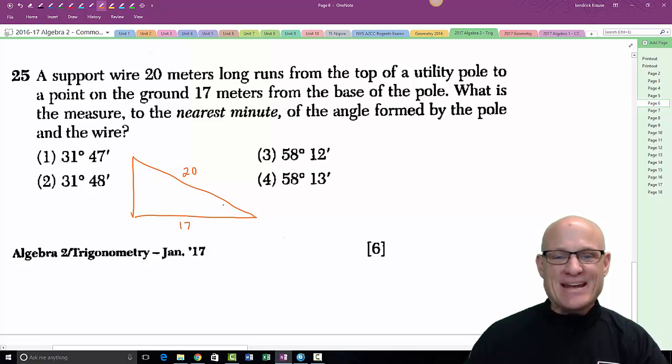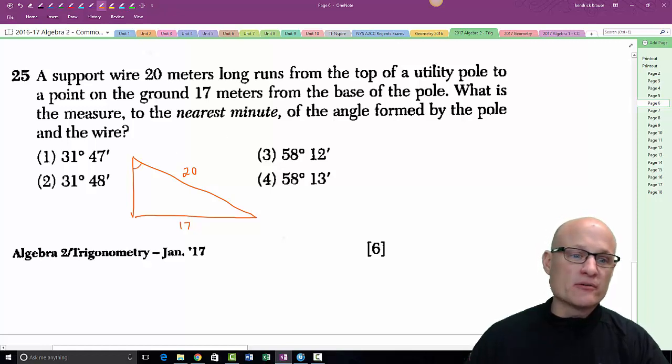So here's your pole. A support wire 20 meters long runs from the top of a utility pole to the point on the ground 17 meters from the base of the pole. What is the measure to the nearest minute of the angle formed by the pole and the wire?